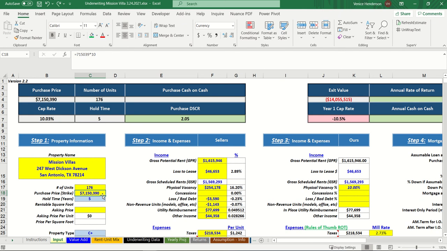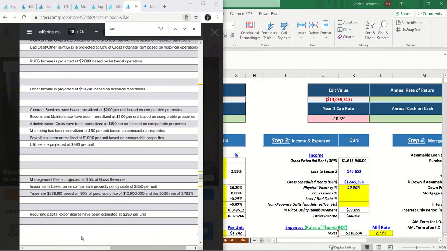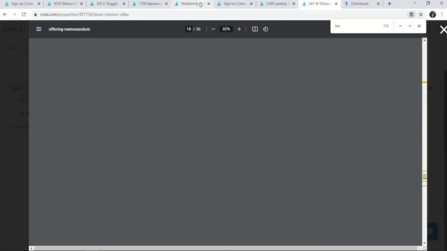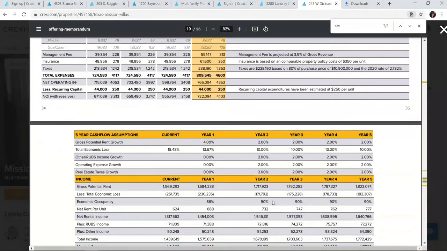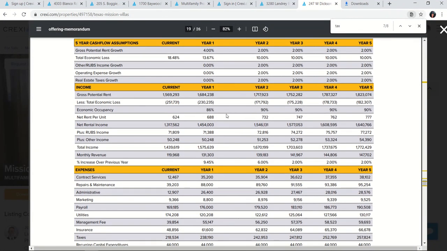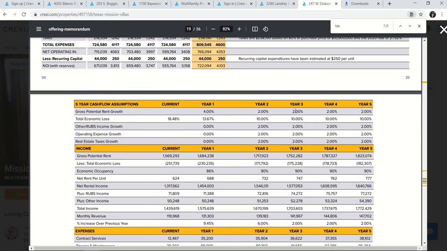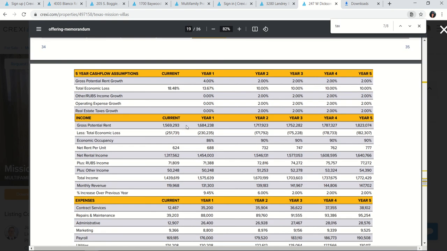We initially did it off 7150. That 7150 is a multiple of 10 based off of what their pro forma has said is going on in their property. So it is wise to assume that they are going to fudge the numbers or make them look better than they actually are. So let's look at these 5 years pro forma assumptions and what they're saying can happen.